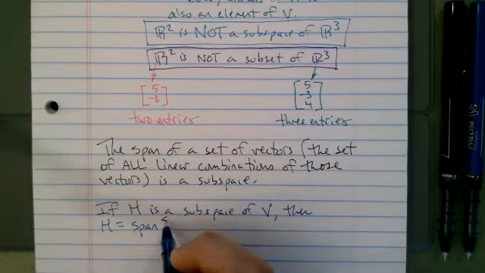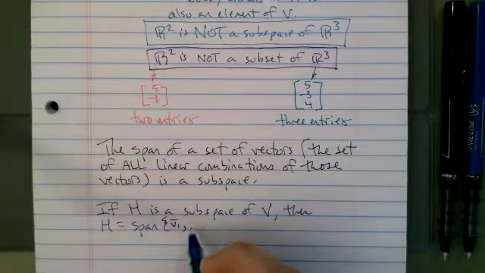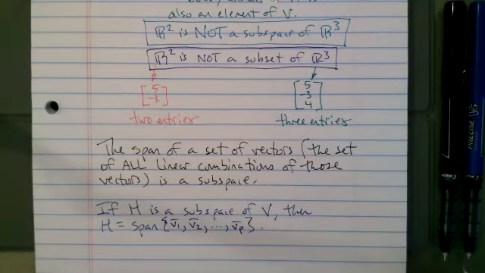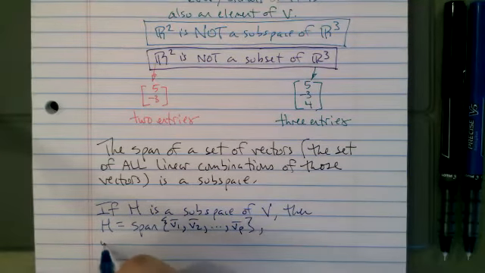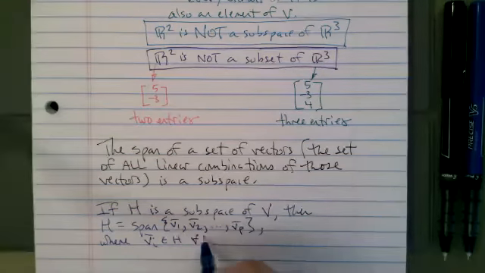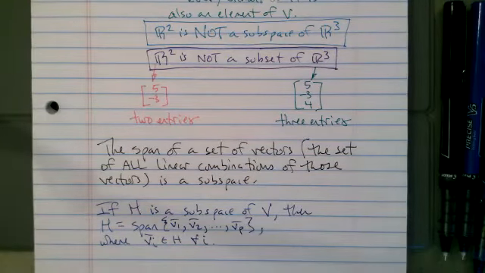Or a bunch of vectors from H, but they're also in V. So if H is a subspace of V, then H is the span of a set of vectors where all those vectors are in H. So this says vi, indexed since there are p of them, vi is an element of H for all i.